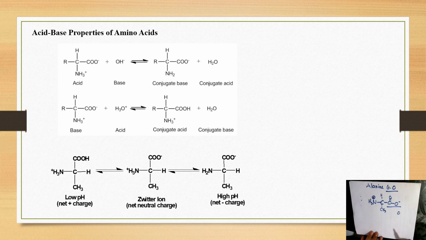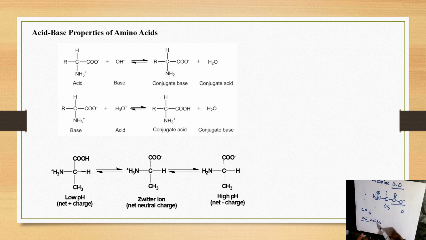When the pH decreases, say from 6.0 to, let's say, 2.5, we know that this is acidic. Any pH below 7 is in the acidic region.